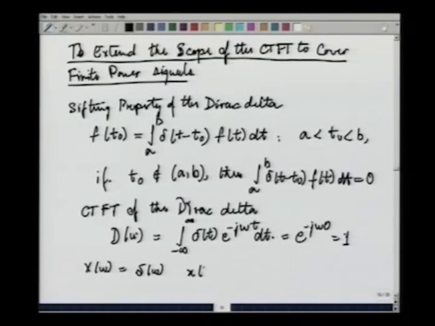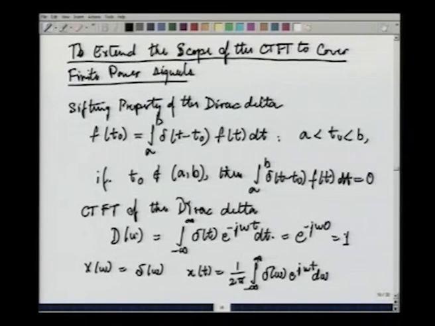X t will be equal to 1 by 2 pi integral from minus infinity to infinity of delta omega e to the j omega t d omega. This again is an application of the sifting property, where the impulse in the frequency domain occurs at omega equal to 0.